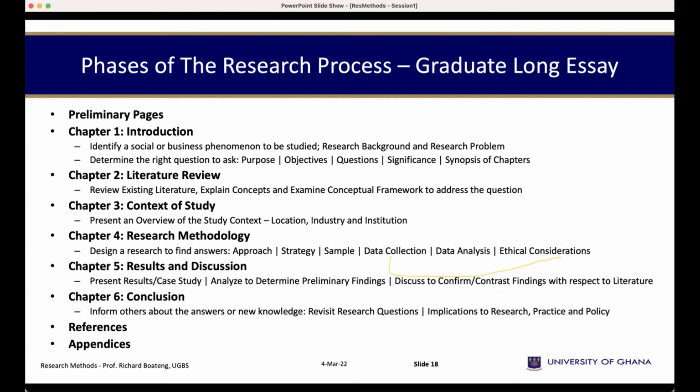Chapter 4 designs the research to find answers, so you state your approach, strategy, sample, data collection, data analysis, and ethical considerations. Chapter 5, you present your results or your case study and analyze it to confirm or contrast what you said earlier. Chapter 6, you discuss the implications of what you have discussed, and then revisit the question and point out what you have been able to develop.